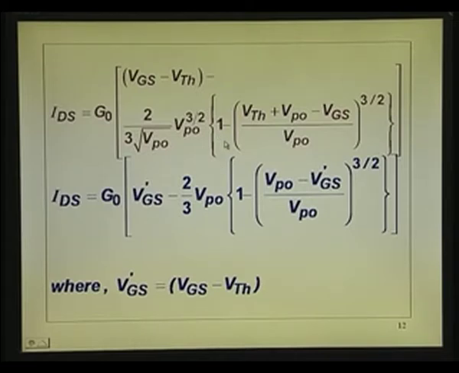Inside this, the whole equation becomes smaller now: 1 minus VGS dash by Vp0, where VGS dash is VGS minus V threshold, and Vp0 is retained. I have not made any changes. All that I have done is put VGS dash equal to VGS minus V threshold. So, now you get this quantity here. How do we simplify this? It is a slightly unpleasant equation to look at, but we will see it further.